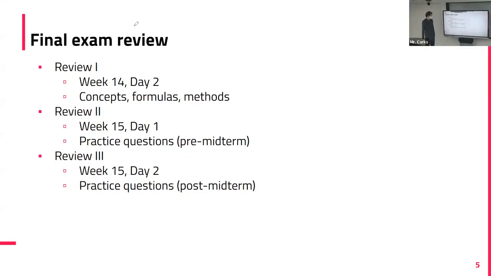Review plan: next class, I mentioned this last time, we will do just concepts and formulas and the basic method for solving various problems, but we won't actually solve practice problems. That will be the 2 days next week.